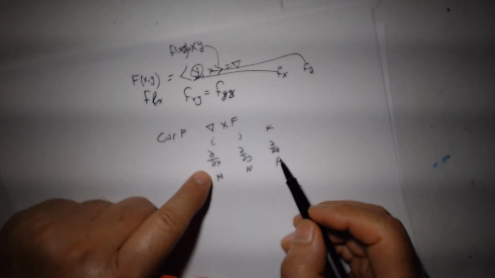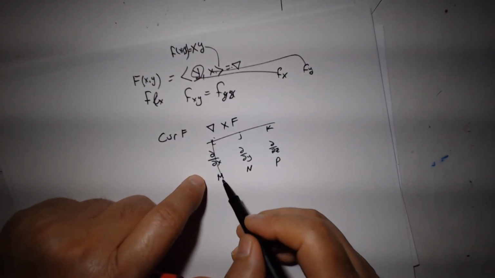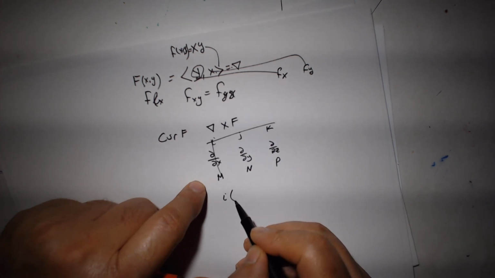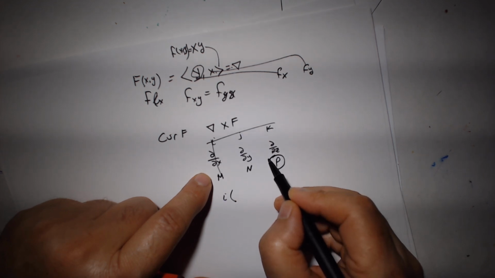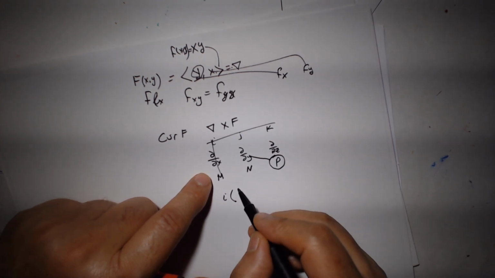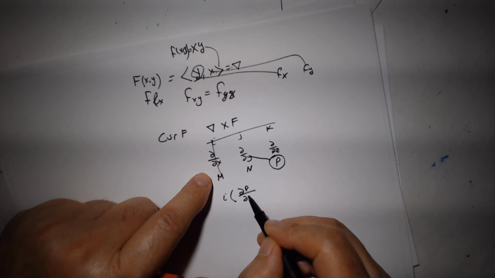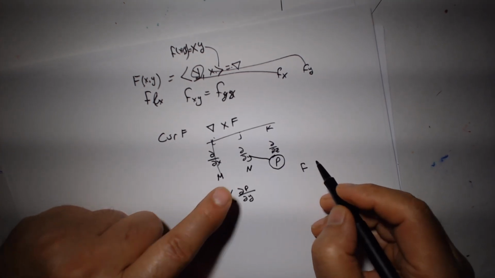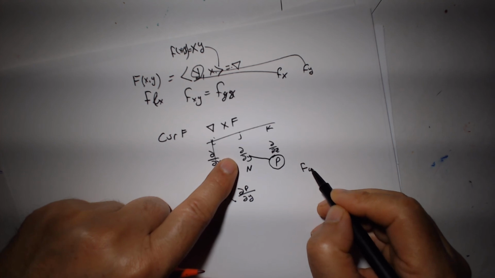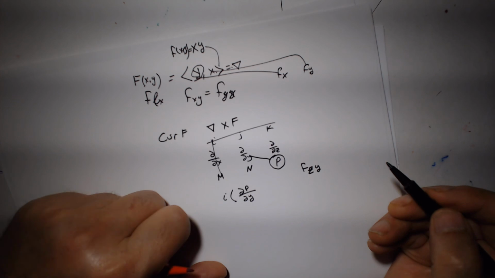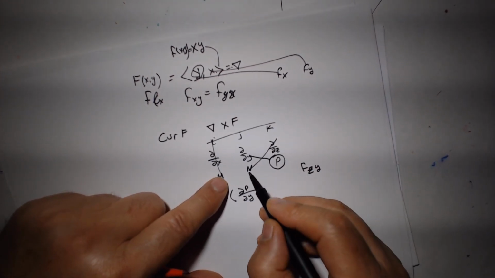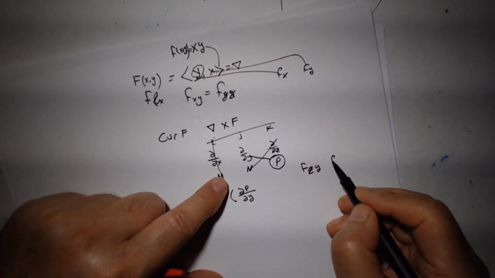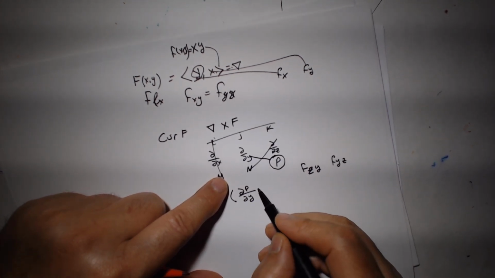When you do the curl, for the i component, you take the partial derivative of z with respect to y, and the other way around, the partial derivative of y with respect to z.